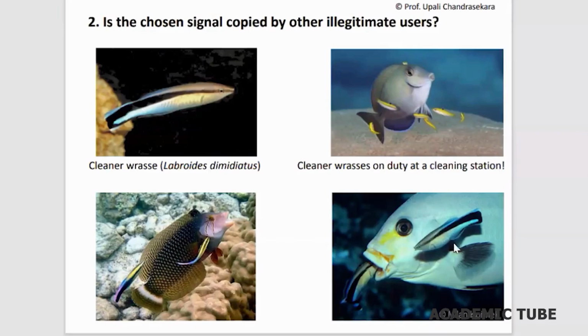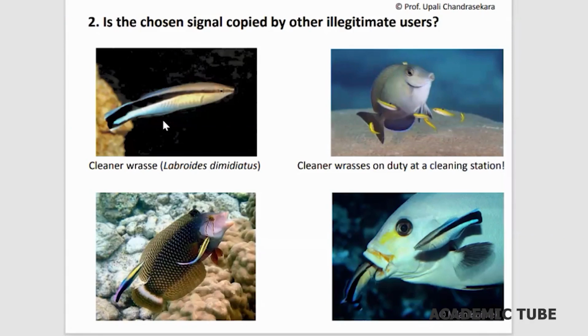Cleaner wrasse. The scientific name is Labroides dimidiatus. Now they are marine fishes. They are not very big, about 5-6 centimeters, right? They are quite common in coral reefs.